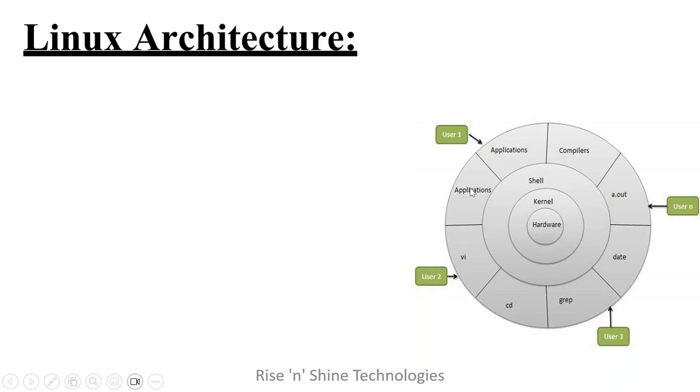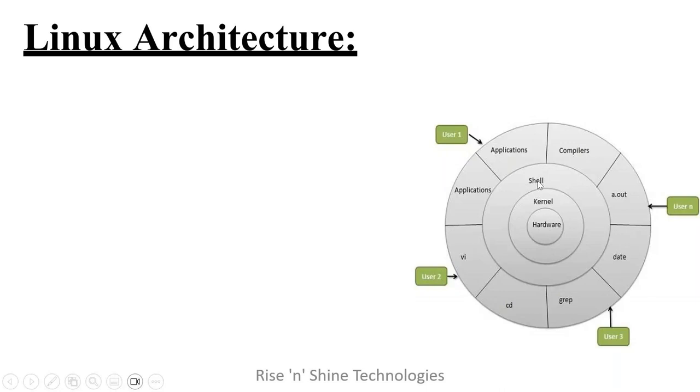Whenever we are copying the file, the shell is going to take that command, but the shell is not going to perform that operation by interacting with the hardware. The one more component interacting with the hardware is the kernel, another important component. It is going to interact with the hardware resources on the base of the request from the shell.